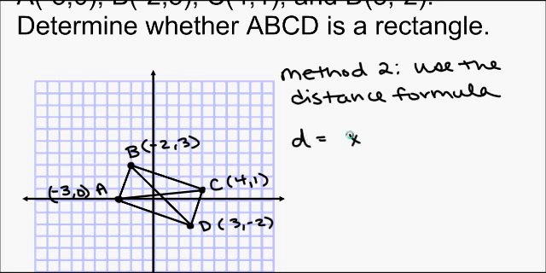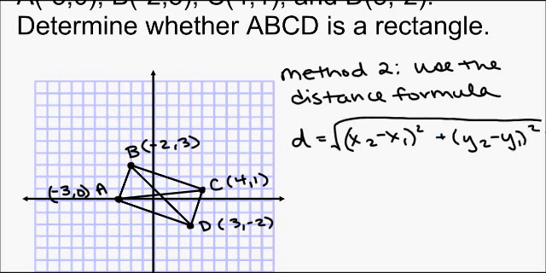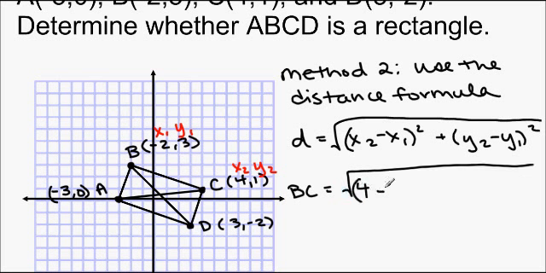We're going to use the distance formula for this, which is the square root of x2 minus x1 squared plus y2 minus y1 squared. Going to label x1, x2, y1, y2. So my distance for BC is going to be the square root of 4 minus -2, so plus 2, squared, plus 1 minus 3 squared.